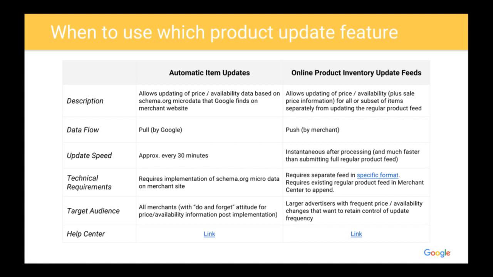It requires a separate feed in a specific format, and that format can be found either in the UI or in the Help Center if you need any help setting that up. It requires an existing regular product feed in Merchant Center to append, and this is good for large advertisers who frequently see price and availability changes and want to retain control of update frequency.